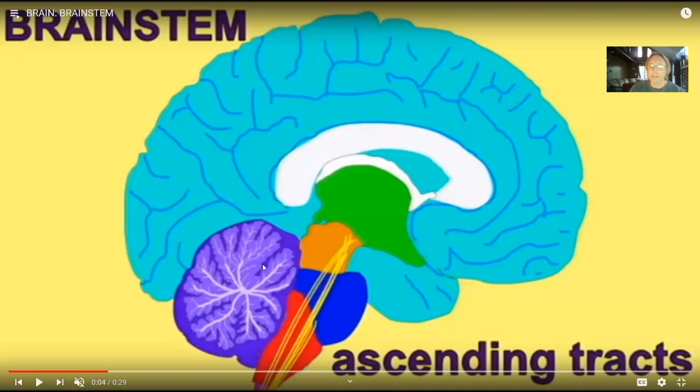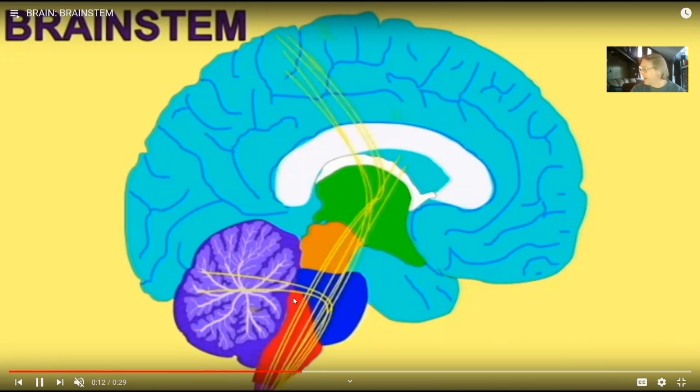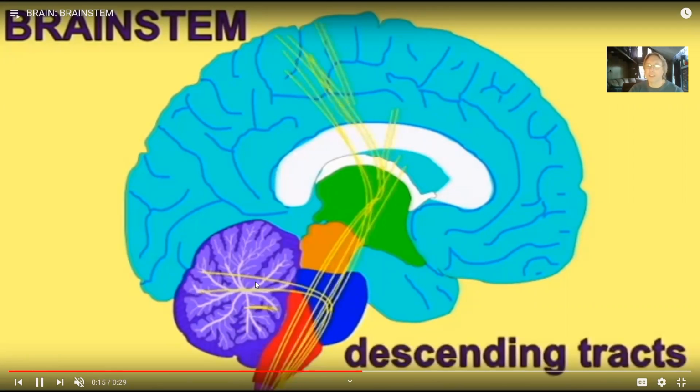So if you have the body outside the brain, and then the 2 largest parts of the brain, the cerebrum and the cerebellum, and you ask what the brainstem is doing, what is its role, to a large extent it has to have fibers going to and from the body and the major regions of the brain. There are ascending tracts which pass through the brainstem and reach the cerebellum and the cerebrum.